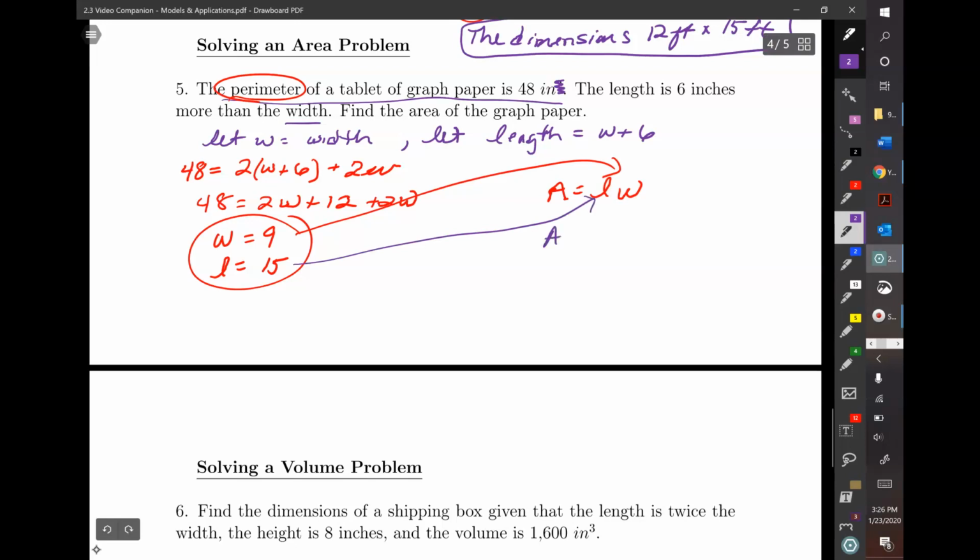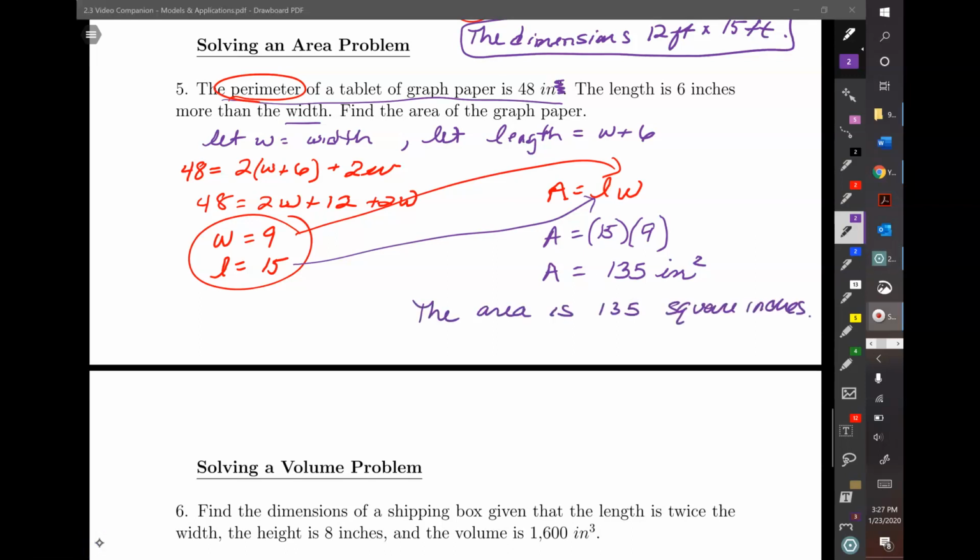So I have area will be length is 15 times width is 9, and go ahead and calculate that out, and you will get 135, and that is inches squared. So you can just say the area is 135 square inches.